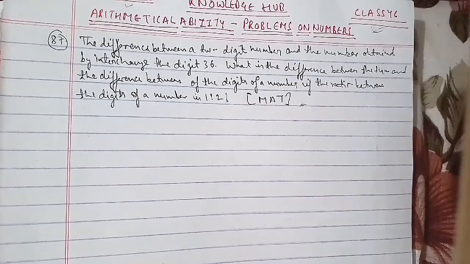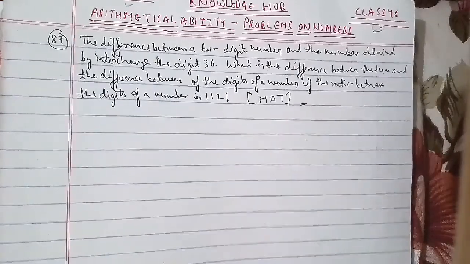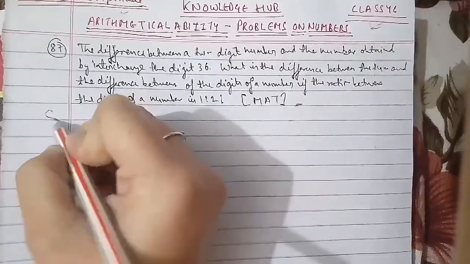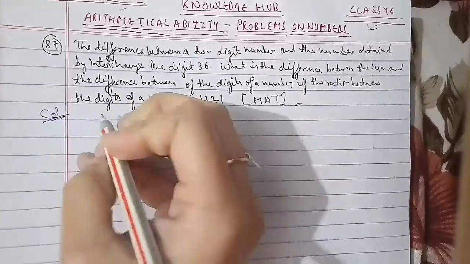The solution for this has been given. Since the number is greater than the number obtained by reversing the digits, the tens digit is greater than the units digit.